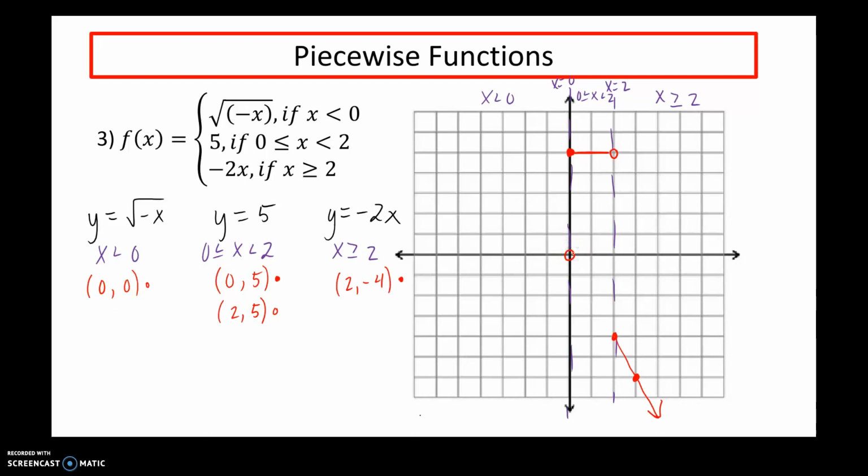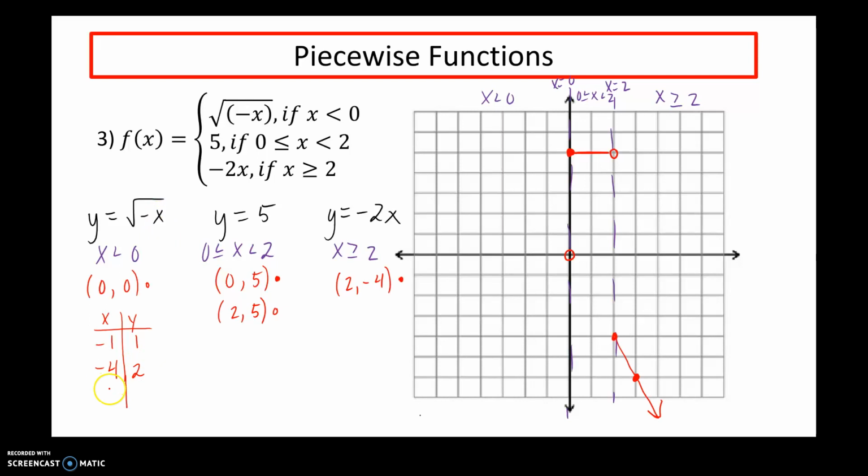Now, if you're confused, don't hesitate to plug in some values. I'm only allowed to plug in negative values of x. So if you make a very simple xy chart, if x is -1, the opposite of -1 is positive. So my y value would be +1. I'm going to pick perfect squares here. If x is equal to -4, the opposite of -4 is +4, and the square root of 4 is 2.